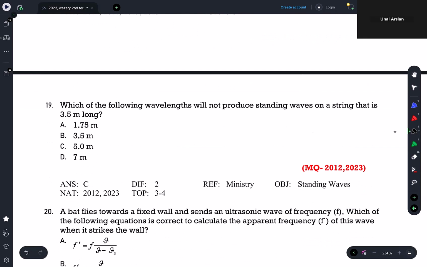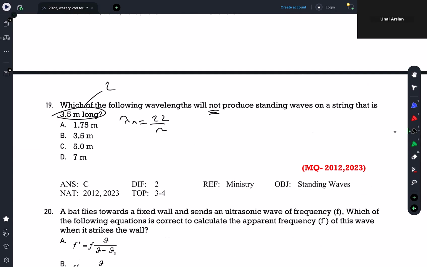Which of the following wavelengths will not produce a standing wave on a string that is 3.5 meters long? This is the length. Remember, lambda is equal to 2L over n is the equation for calculating the wavelengths which produce a standing wave. But this time, wavelengths are given. So if a wavelength gives us an integer for n, it's a standing wave.